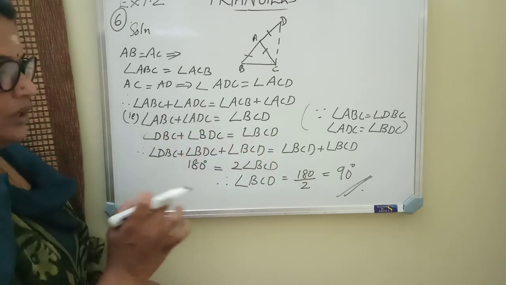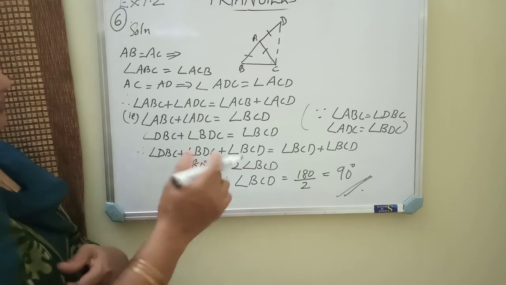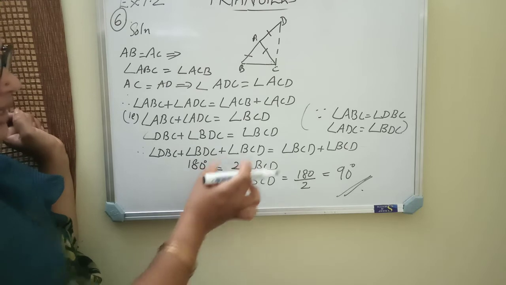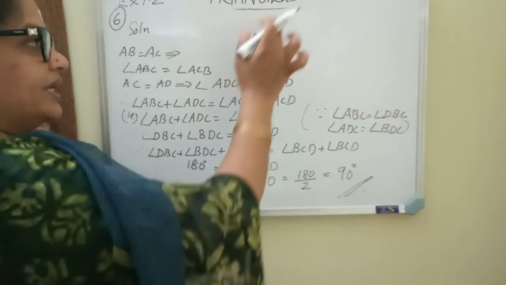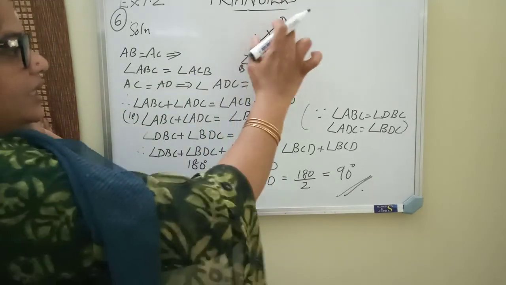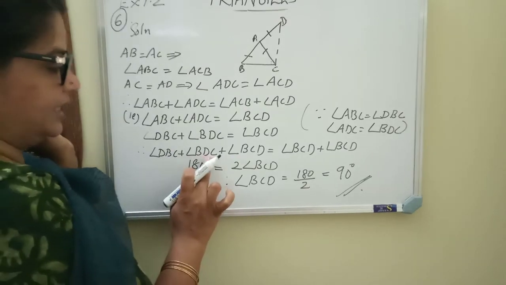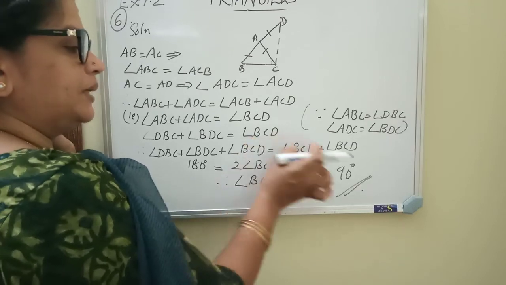So what I am doing is adding angle BCD on both sides. Okay, so if I am adding BCD on both sides, we will get the big triangle DBC. All the three angles of triangle DBC we will get. So angle DBC plus angle BDC plus angle BCD is equal to, the right side is BCD plus BCD.